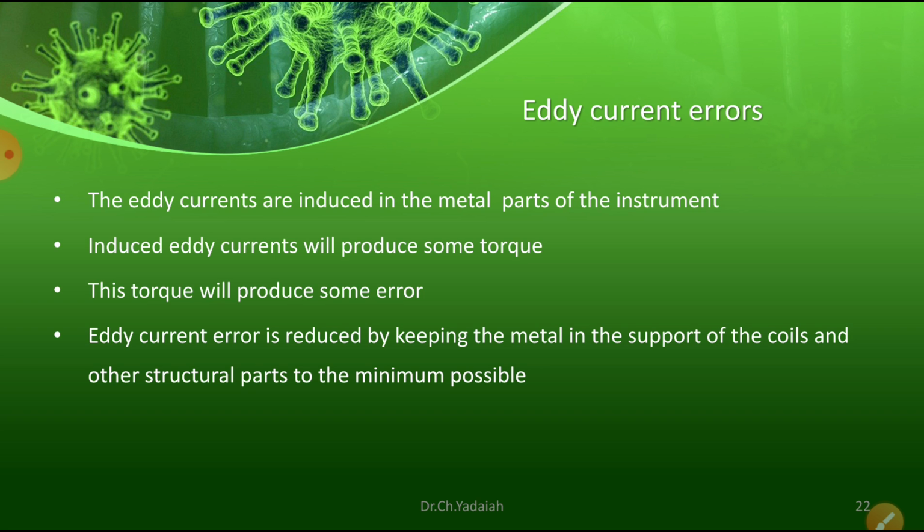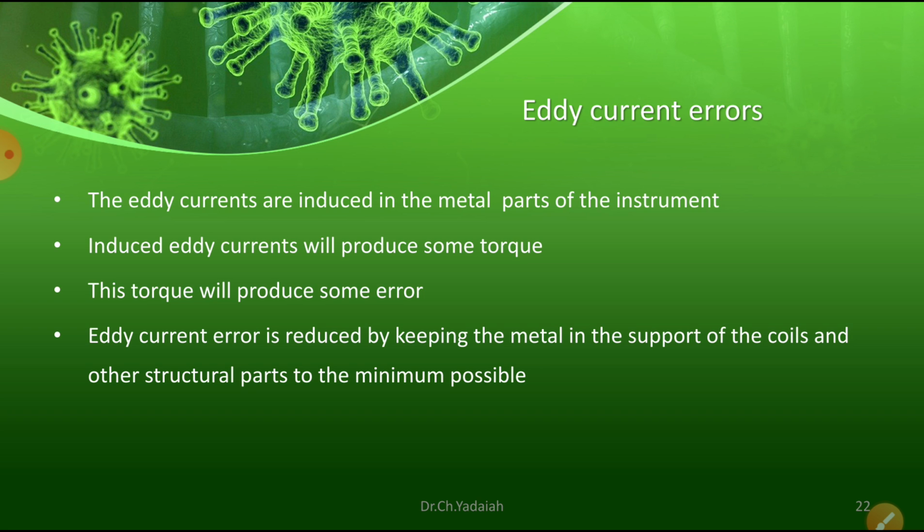What are eddy currents dependent on? The metals used in the instrument. If the metals are linked with the magnetic field, then it induces currents as per Faraday's laws of electromagnetic induction.